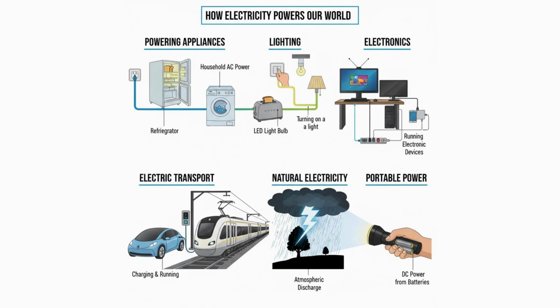In the same way, turning on an LED light bulb or lamps, running computers, mobile phones, or a television are examples of electrical energy. Likewise, charging and running an electric car or electric train, a flash of lightning during a thunderstorm, or a battery powering a device like a flashlight. So these are examples of electrical energy.